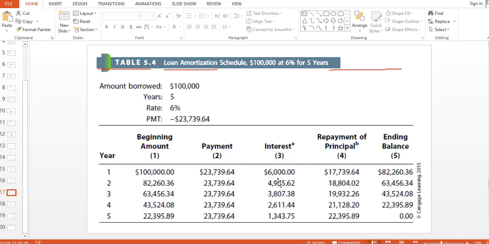As you go through more and more payments, the interest is lesser and the repayment of principal is higher. The ending balance shows how much principal you have already returned and how much principal is remaining.